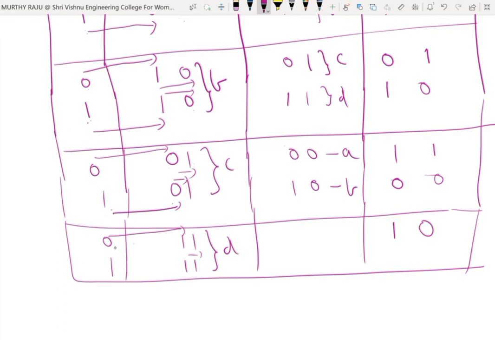Here M value 0 is shifted to M1. M1 value 1 is shifted to M2. That is 0, 1. Here 1 value is shifted here. Both are 1s. That is 0. Perform 1 exclusive OR with 1 is 0. 1 exclusive OR with 1 is 0. 0 exclusive OR with 1 is 1. These are the outputs.